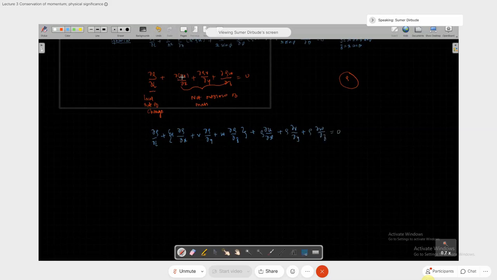It is simply the product rule used here and expanded.